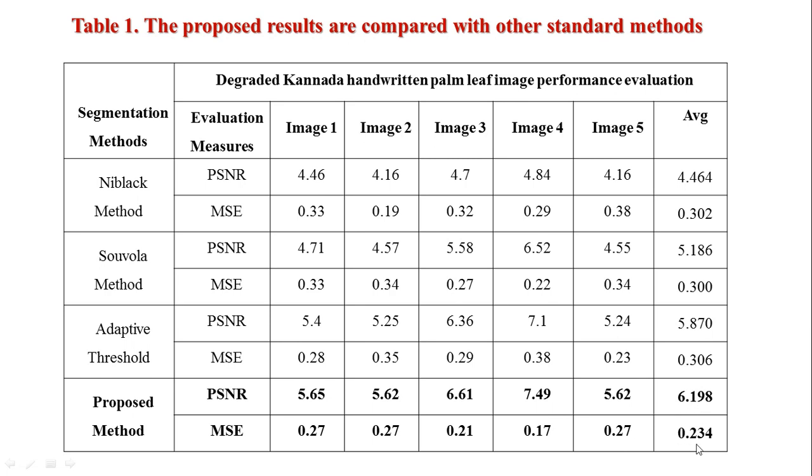In the literature, higher PSNR and lower MSE indicate accuracy and the best result. So our proposed method gives a better result compared with the traditional algorithms like Niblack, Sauvola and adaptive threshold.